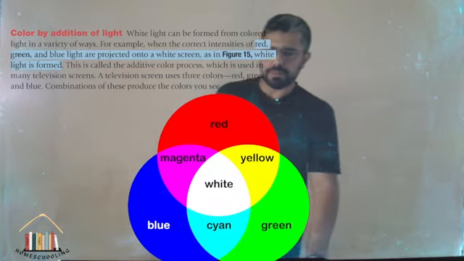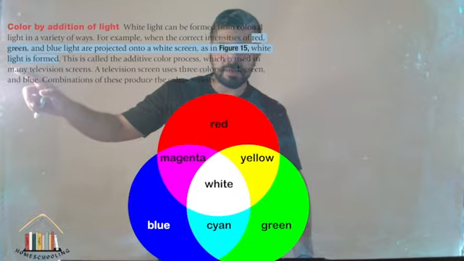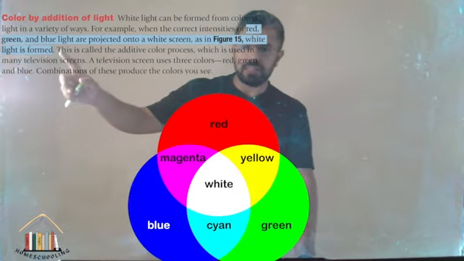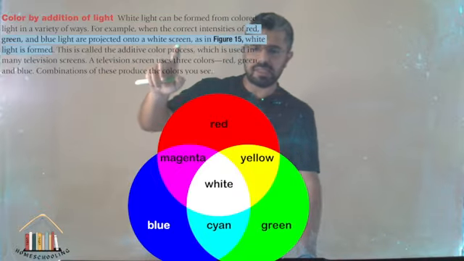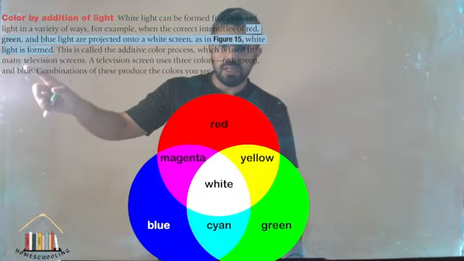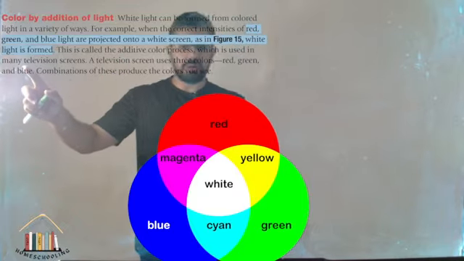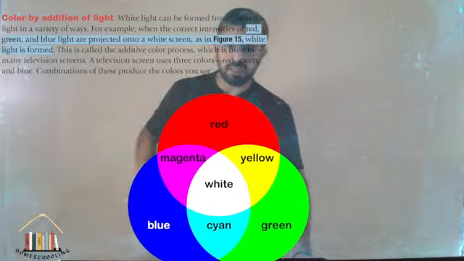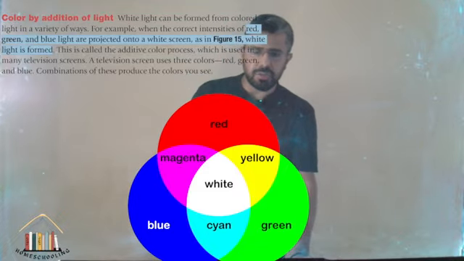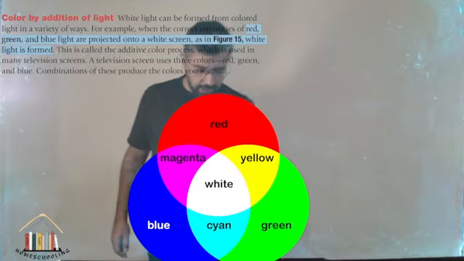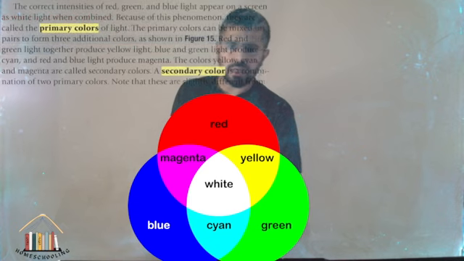Okay, so let's go together with this text. Red, green and blue light are projected onto a white screen. That's the beginning of the experiment, and white color is formed in the middle. Again, the red, blue and green are considered primary colors.